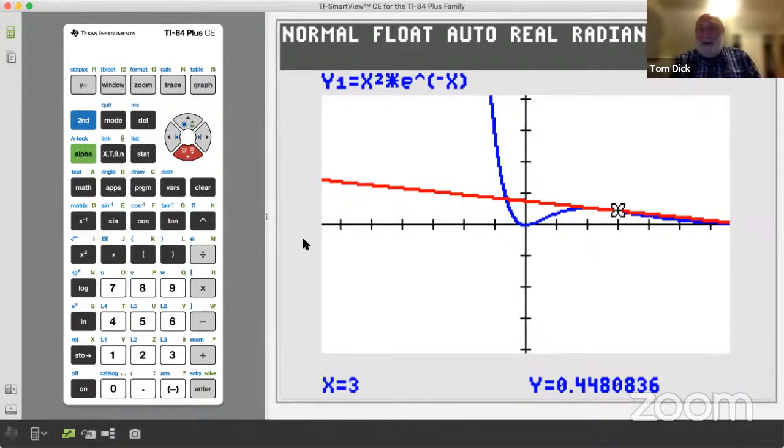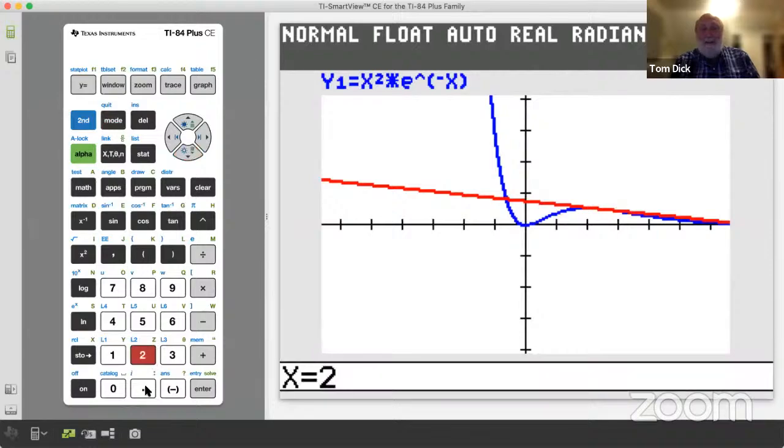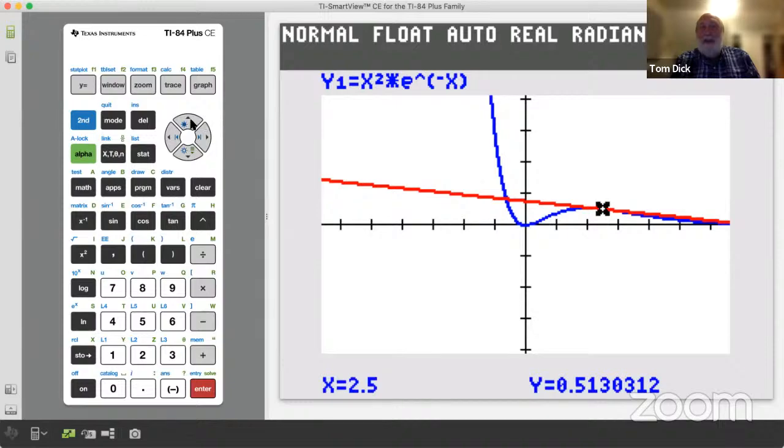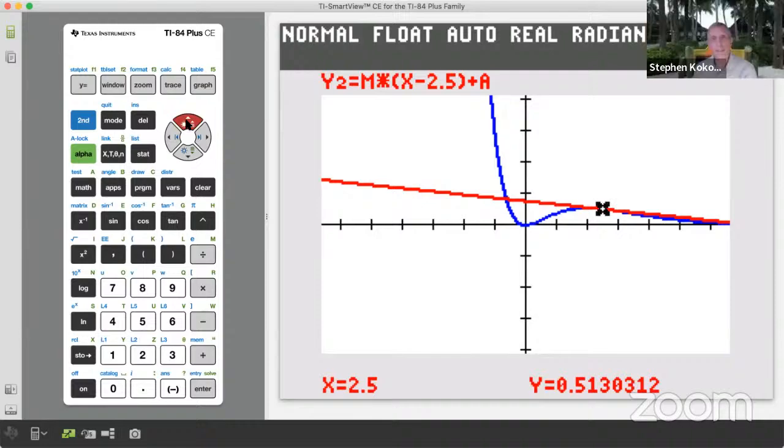I'm going to go back to 2.5. And if I compare values there, they're exactly the same. Well, that's by design. That is the tangent line equation right there. But what would happen if we zoomed in on this point? How would the graphs look?